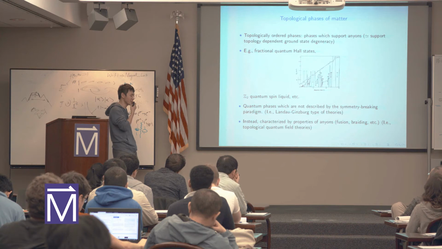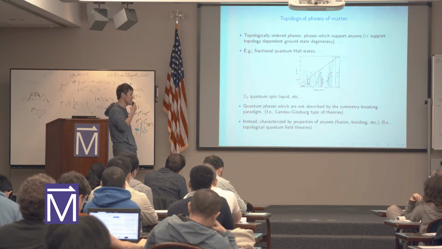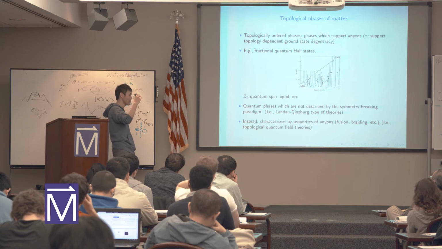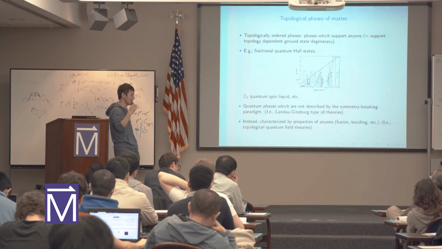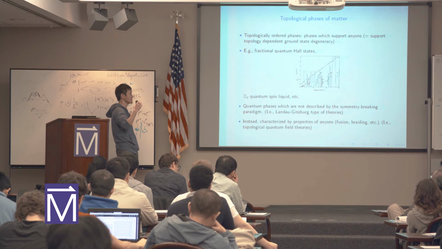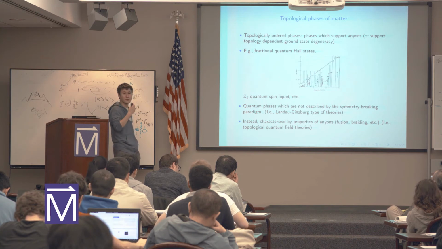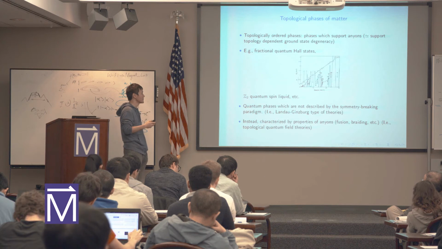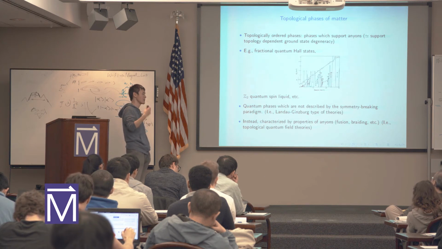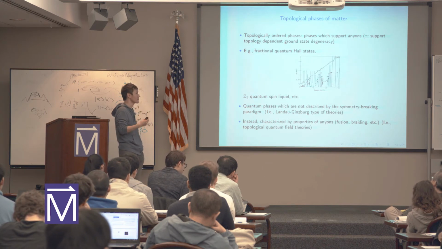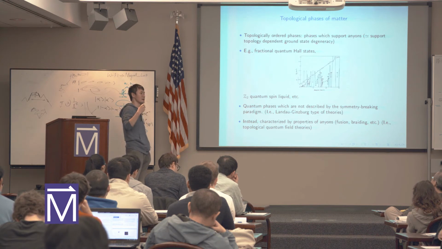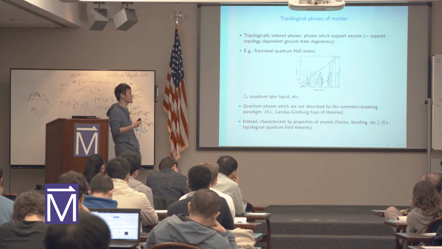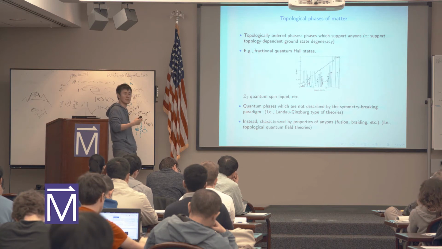Once again, we have to look for some indicators, something analogous to order parameters, to characterize these topologically ordered phases. For topologically ordered phases, the universal properties are basically properties of the excitations in the system, which are called anyons.